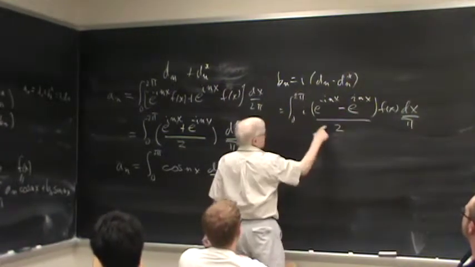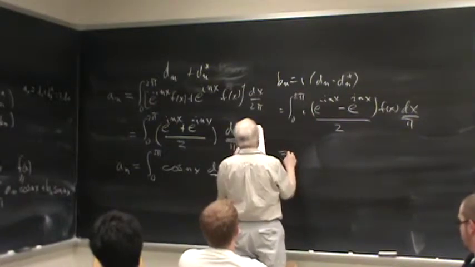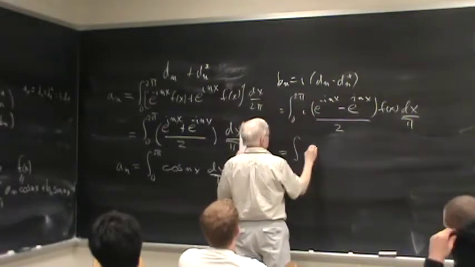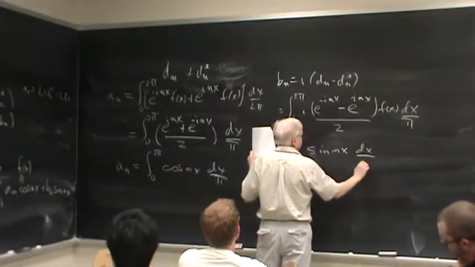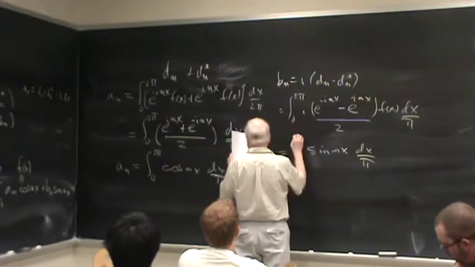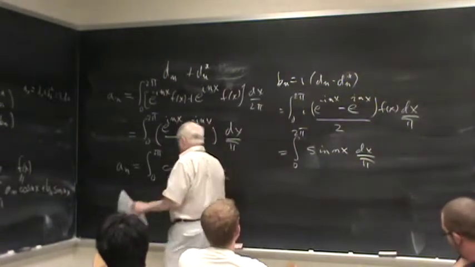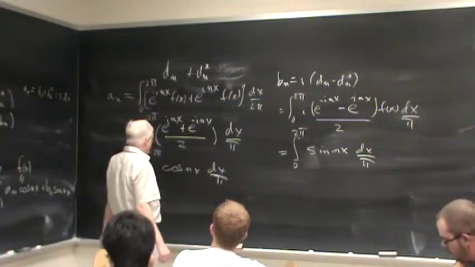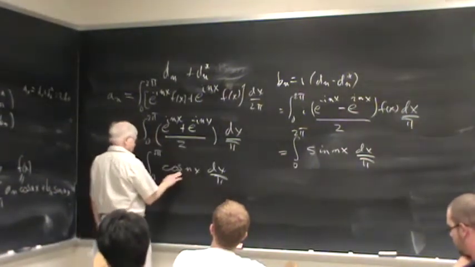When we bring the i down, we bring in a minus sign, and so this is equal to the integral of sine nx dx over pi. And, okay, wait a second. You guys should have shouted at me.